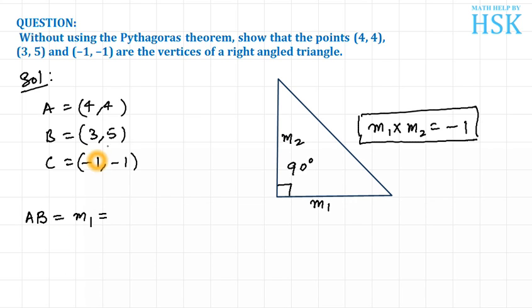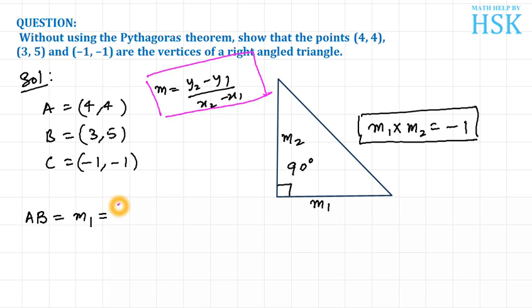So this will be equal to, applying the formula for the slope, that is m is equal to (y2 minus y1) upon (x2 minus x1), which can be considered as the difference of ordinate upon difference of abscissa.